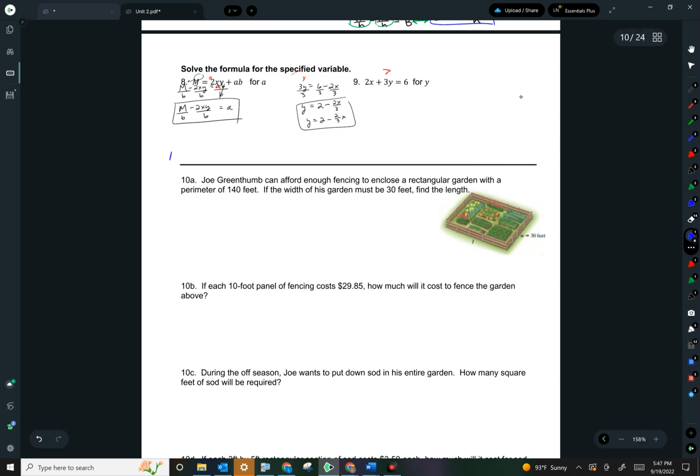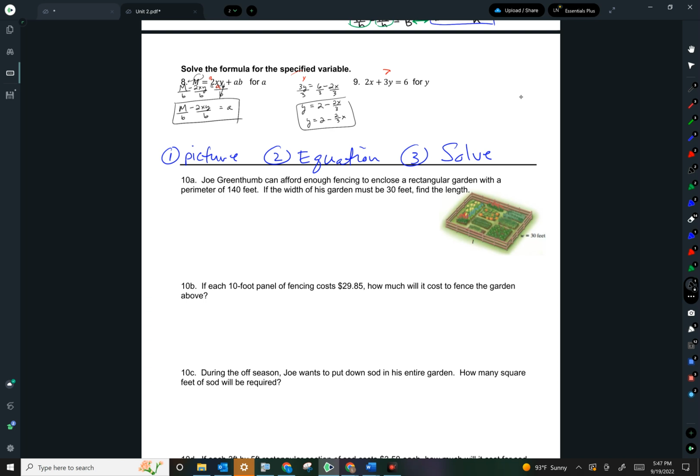We said, number one, if you can, draw a picture. Number two, is there some equation that you can write? And number three, solve.